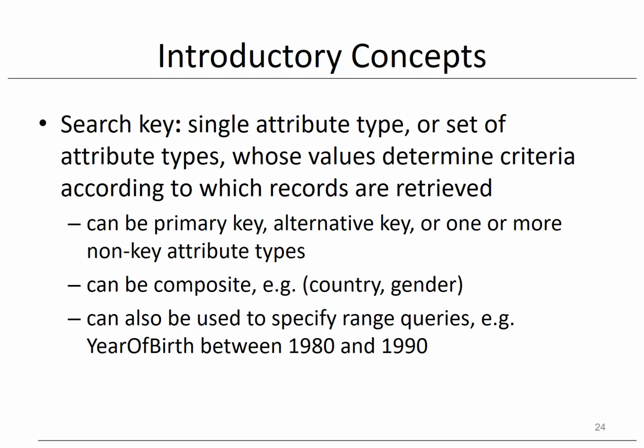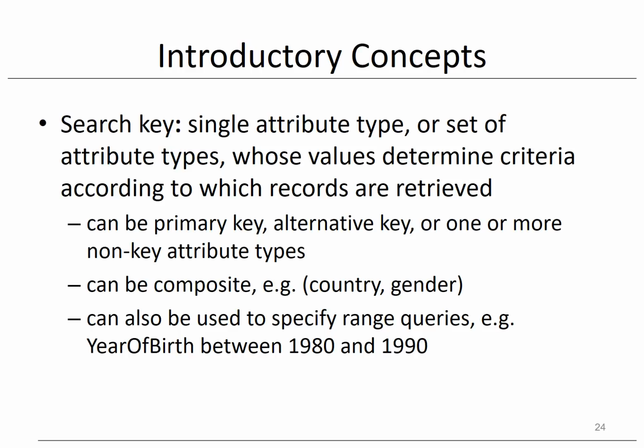The records in a physical file are organized in such a way that they can be retrieved efficiently according to one or more search keys. A search key is a single attribute type or set of attribute types whose values determine the criteria according to which records are retrieved.